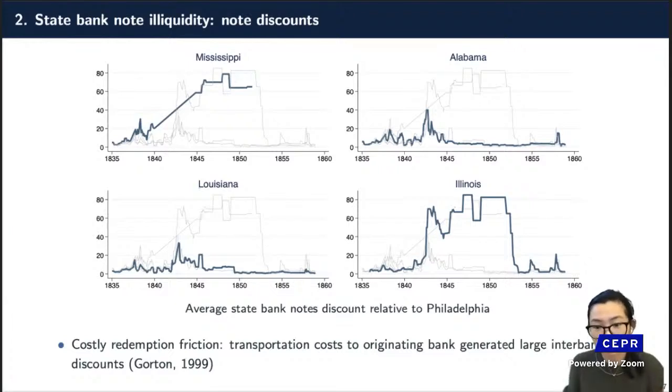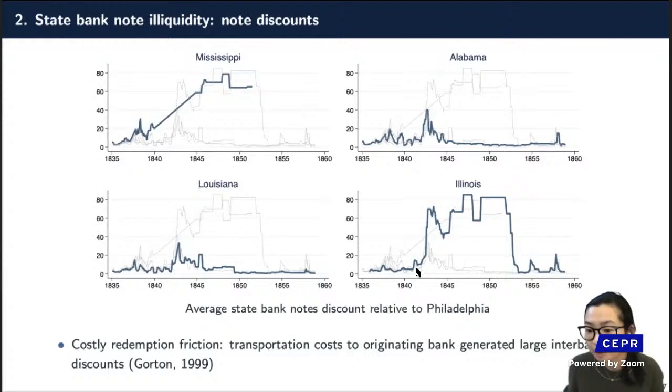If you wanted to convert it with a money changer in Philadelphia in 1850, you would have to give up about 60% of the nominal value of a currency. A Louisiana note had a much lower discount, but the point is that these varied both temporally and across space, and there's a lot of uncertainty tied to it.